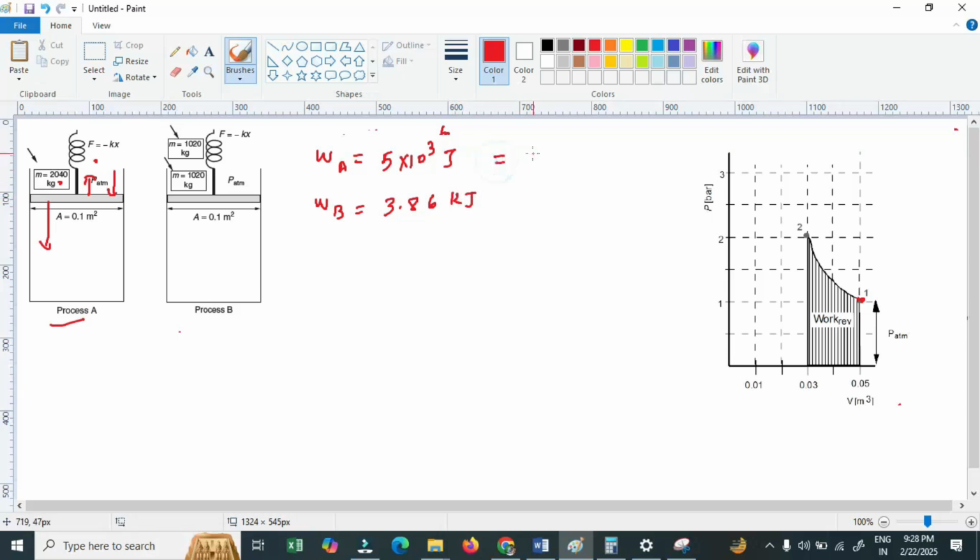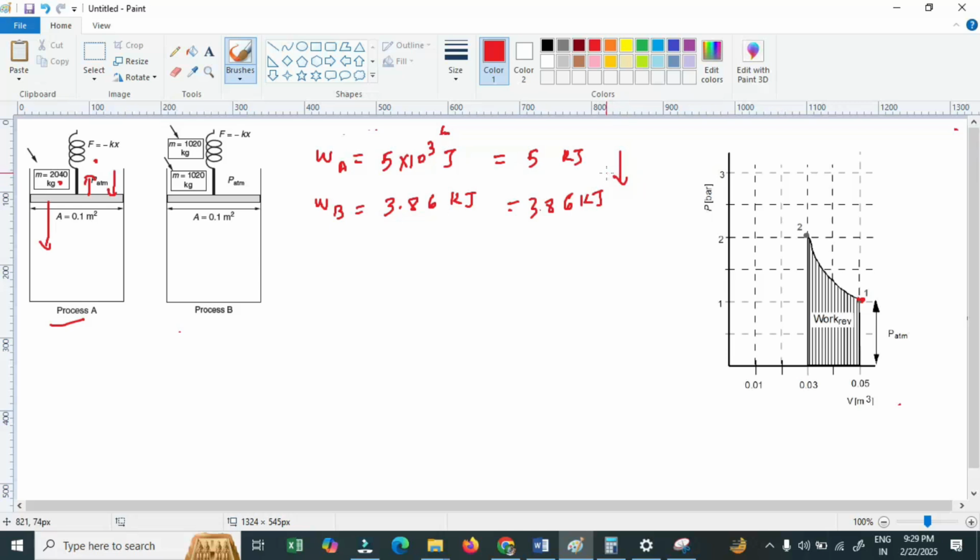And this one also is 5 kilojoules. You can compare here, since I am dividing my driving force into small pieces, the work done on the system decreases to 3.86 kilojoules.